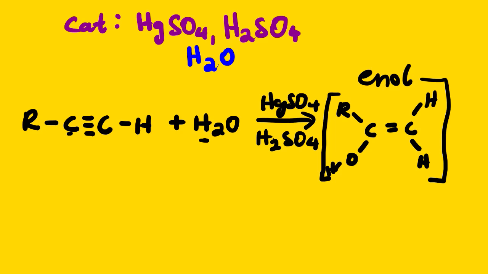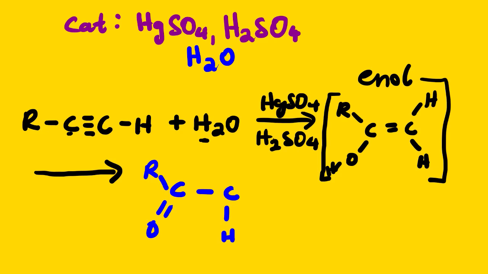Automatically, this will tautomerize. This word sometimes can be difficult to pronounce. So it will tautomerize to a ketone. What happens during tautomerization? There is a movement of a bond and hydrogen.